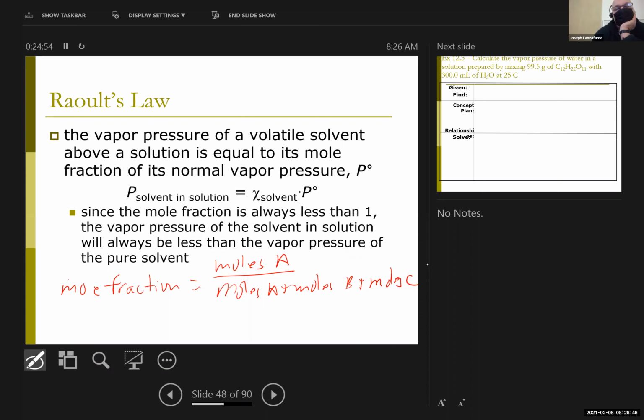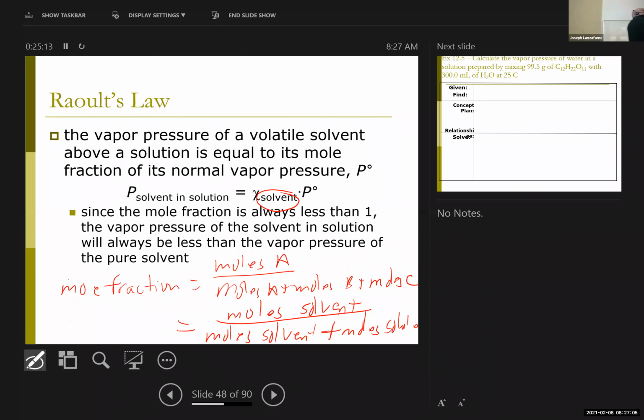This subscript is just telling me it's solvent, so it's moles of solvent over the total moles of everything, which is the solvent and the solutes. As you can tell from the functional form, mole fractions run from 0 to 1, because it is literally a fraction of the particles present.